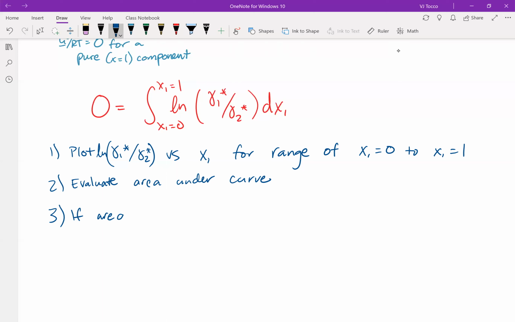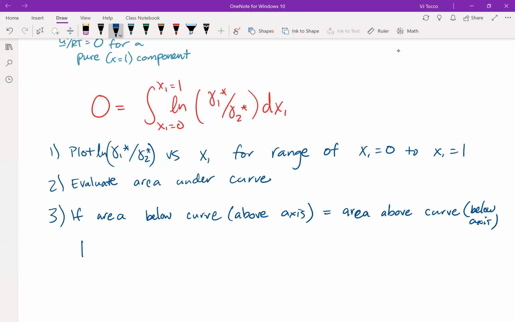If the area below the curve above the axis equals the area above the curve below the axis, then the data may be thermodynamically consistent.